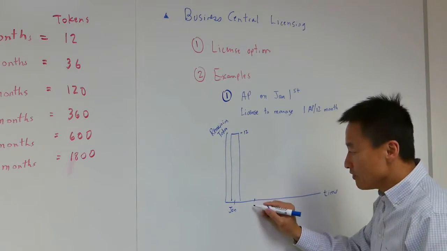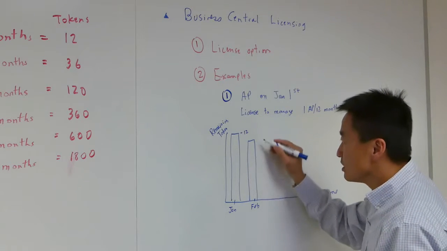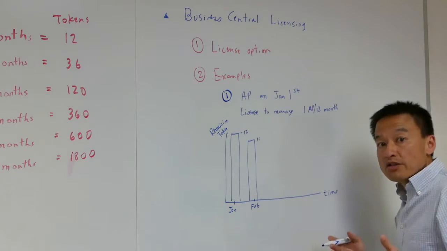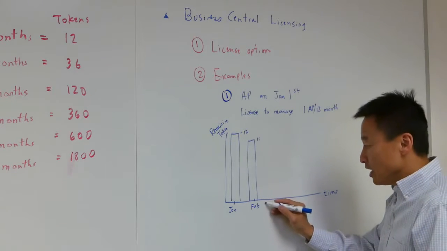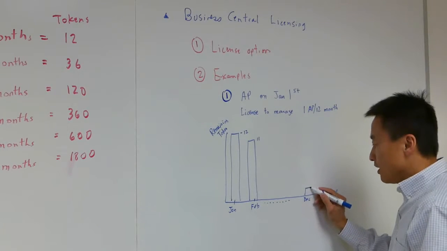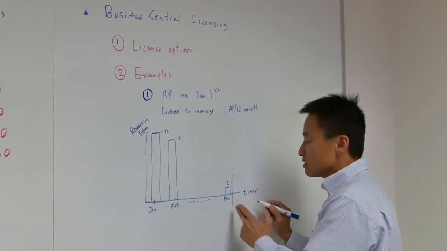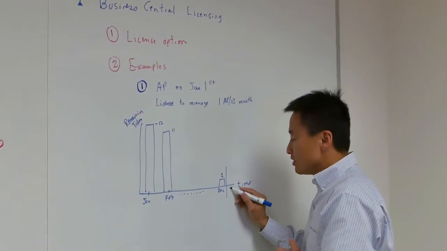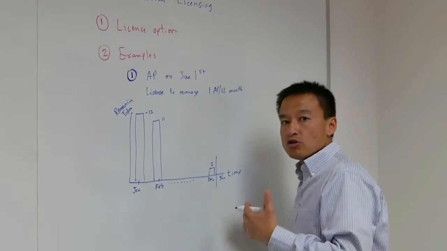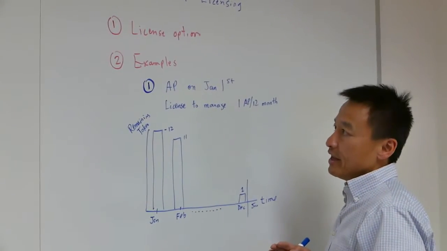The second month, February, you will have 11 tokens or months for managing this AP. And as you can imagine, when you get to December, you will have 1 token left. At the end of this year, January comes along, you don't have any token to manage this AP. This is probably the simplest way, and I think everybody can understand that.